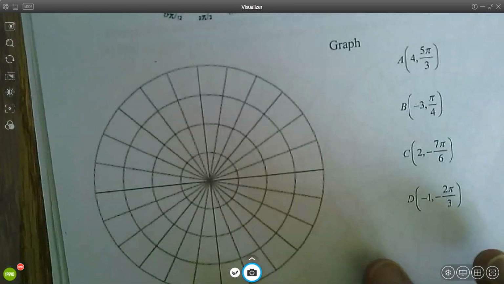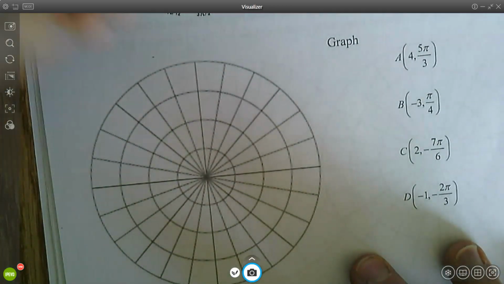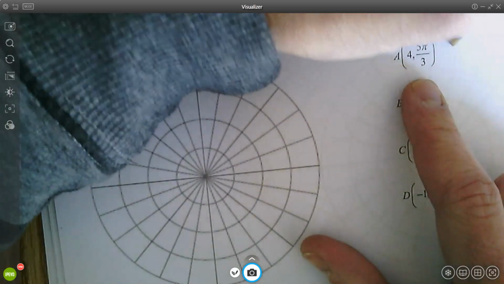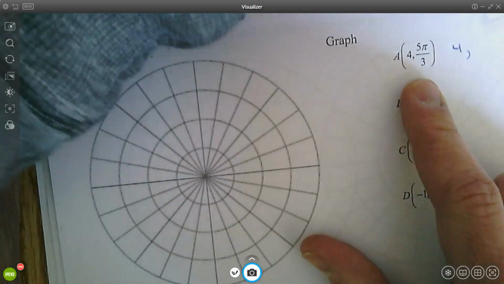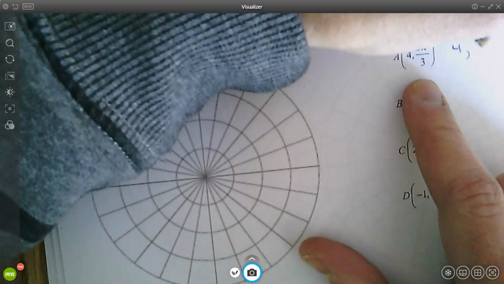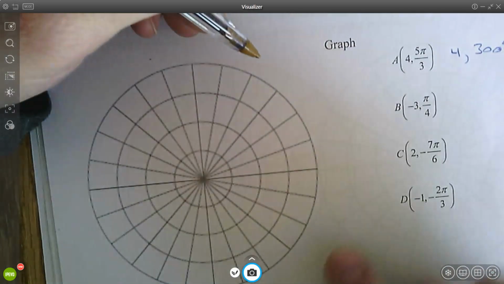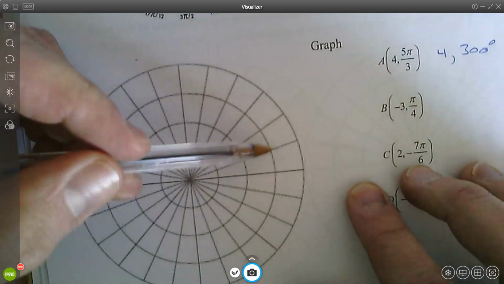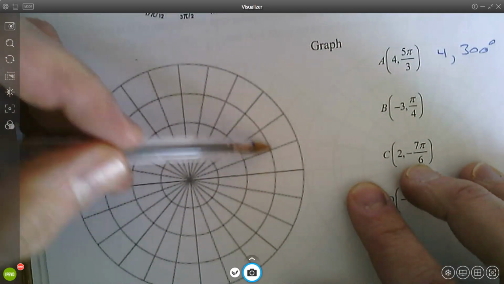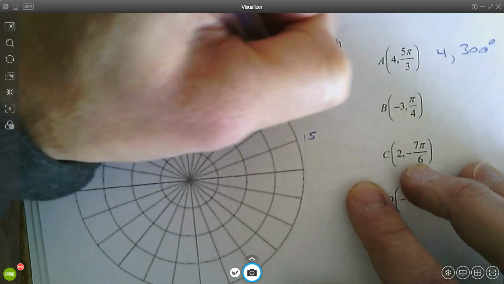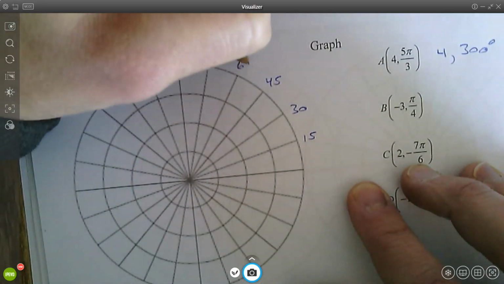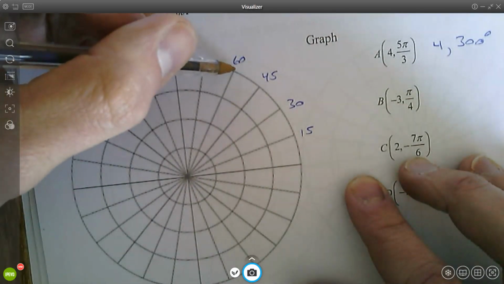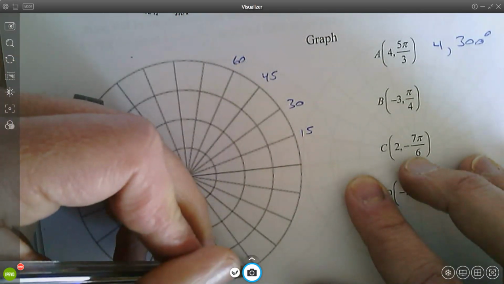So let's look at this example here. I would start by converting this to degrees. So this is going to be 300 degrees. I have to understand this is a 60-degree reference angle. So I'm going to count up by 15: 15, 30, 45, 60. So 60, I'm just going to go 60 degrees in the opposite direction.